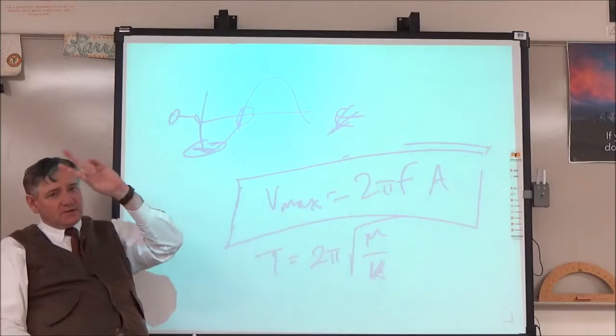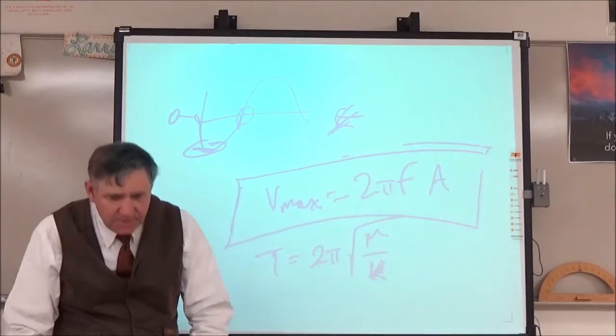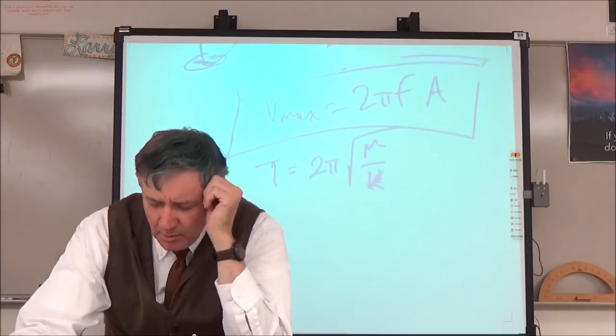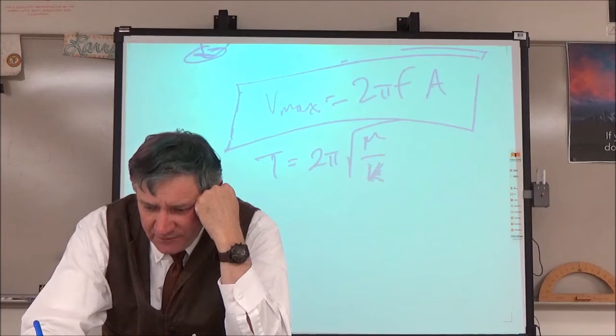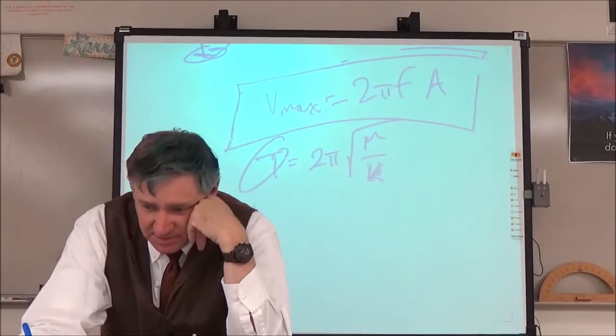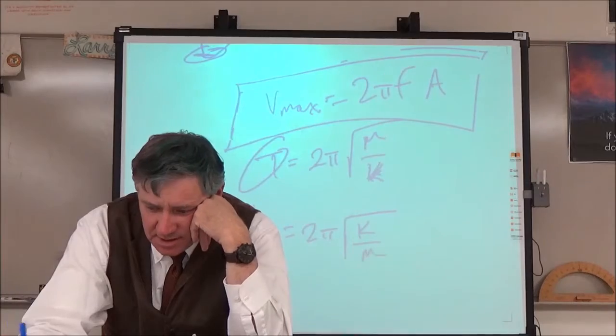Now, remember, period and frequency are inverses of each other. So you can go, okay, if that's the case, then 1 over frequency, which is the same thing as period, is going to be 2 pi times the square root of m over k.